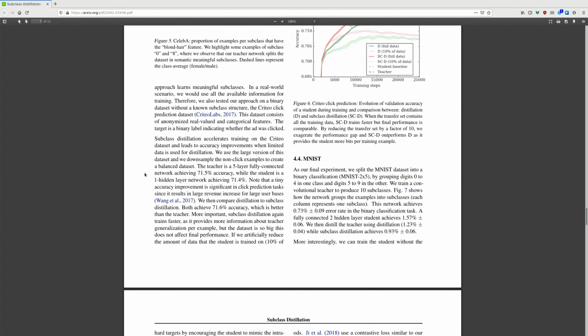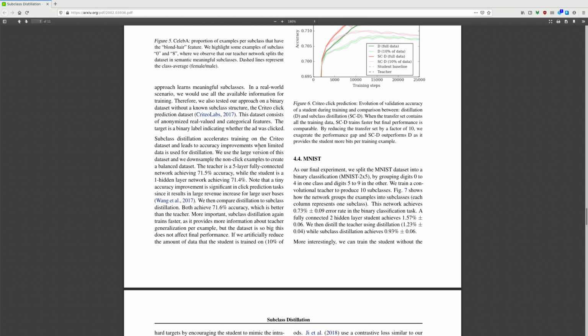Subclass distillation accelerates training on the Criteo dataset and leads to accuracy improvements when limited data is used for distillation. We use the large version of the dataset and we downsample the non-click examples to create a balanced dataset. The teacher is a 5-layer fully connected network achieving 71% accuracy, while the student is a 1 hidden layer network achieving 71%.